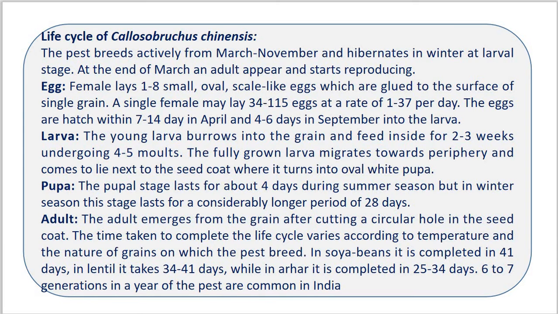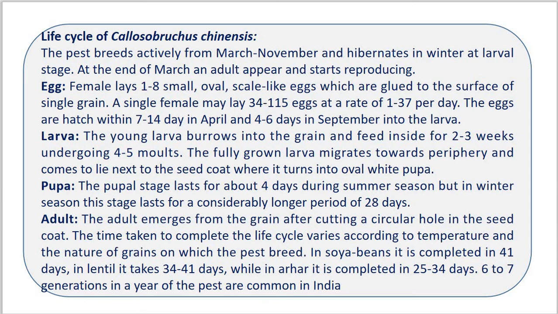The fully grown larva migrates towards the periphery and lies next to the seed pod, where it turns into an oval white cocoon. At the last instar stage, the larva undergoes pupation. The pupal case is whitish in color and oval in shape.